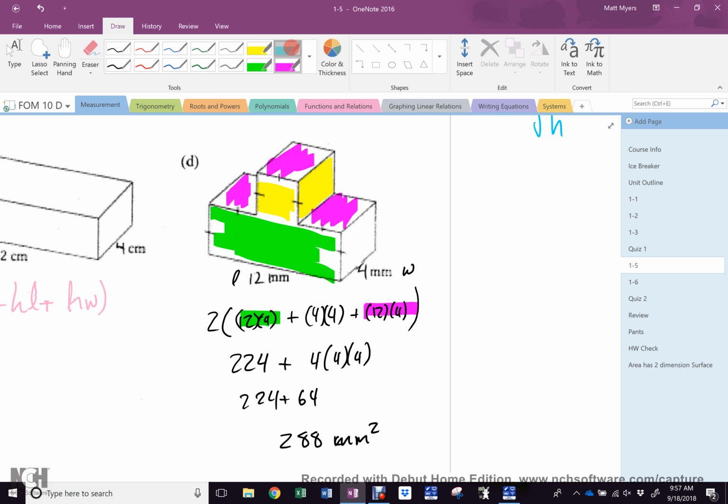And then the 4 by 4 is the blue right there. Everybody cool? Now, please notice how often I am breaking out my highlighter here. It's helpful. Maybe you don't need it, but maybe you do.